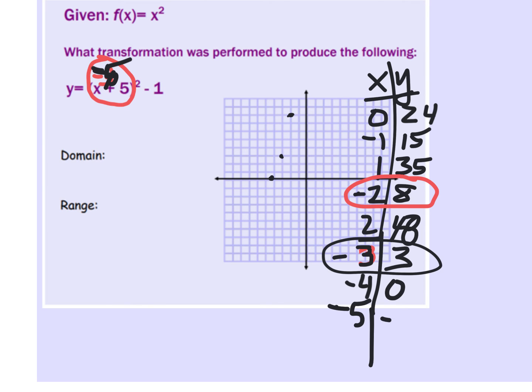Minus 1 is -1. -5, -1. That dot's just a smidge off, but it's okay. And it would look something like that. You graph enough dots, and it's a parabola that's been moved left 5 and down 1. Okay, you made it.